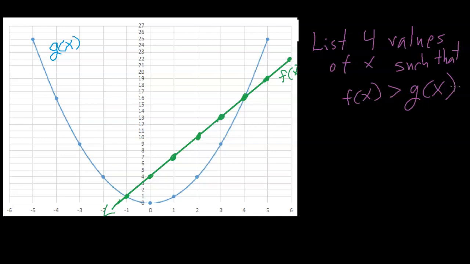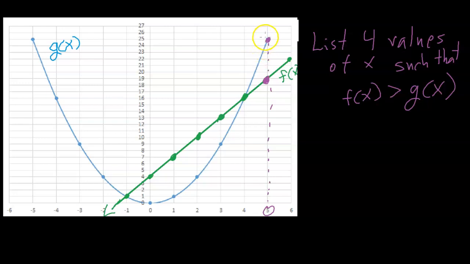Well, how can we compare the values of the two functions relative to each other? Let's take a look at, let's say, the value x equals 5. The value of the function f at x equals 5 is right here. The value of the function g at x equals 5 is right here, right?